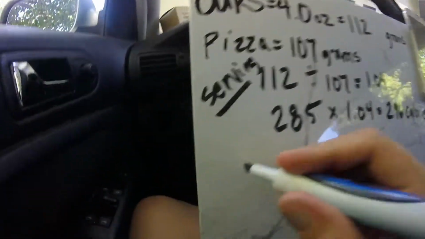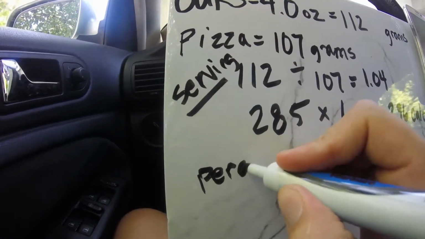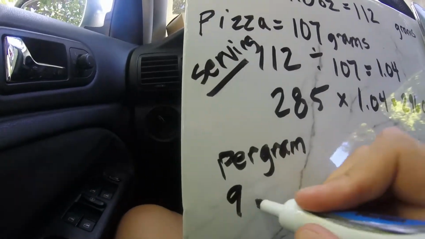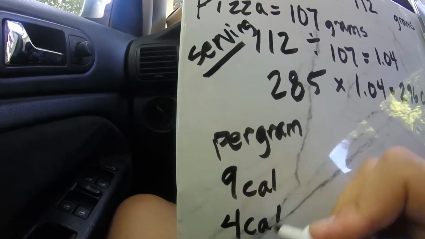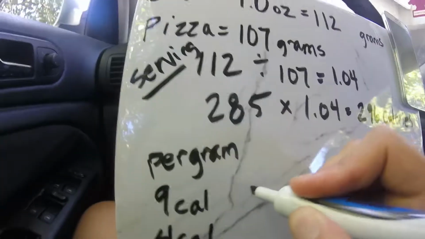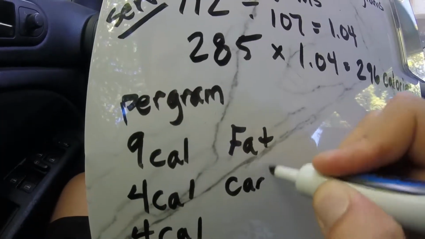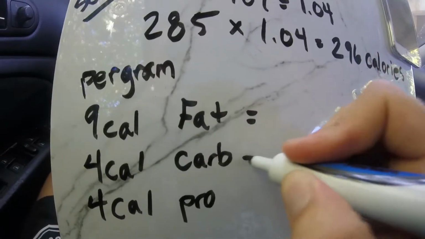So now we want to figure out where these calories come from, which macronutrient groups is the majority of the calories coming from. So this is going to be per gram. So now you just simply know that 9 calories per gram is fats. Fats have 9 caloric value, carbs have 4 caloric value, and proteins have 4 caloric value.